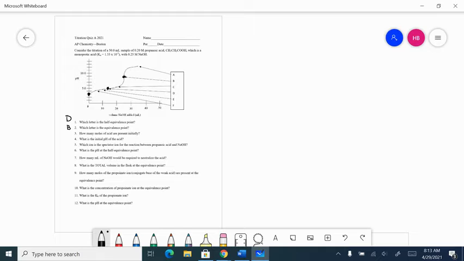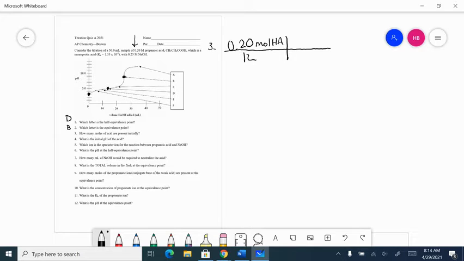So number 3 states how many moles of acid are present initially. So you go up here and you're going to say I had 0.2 moles per liter. I'll use HA to indicate my weak acid. Save us some time. In 1 liter.